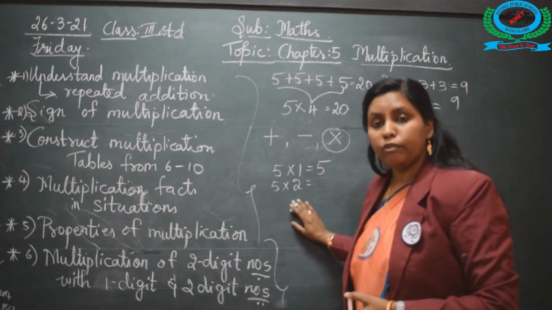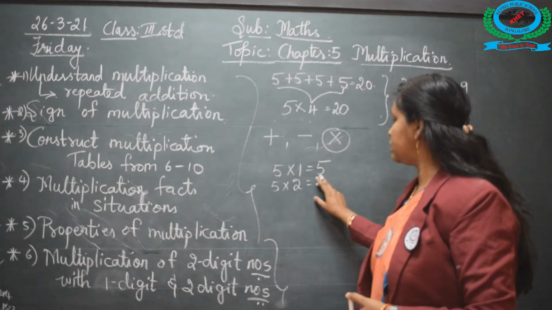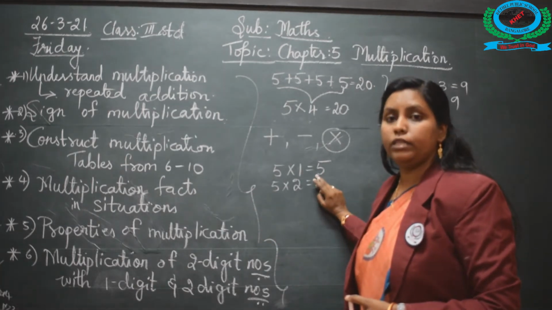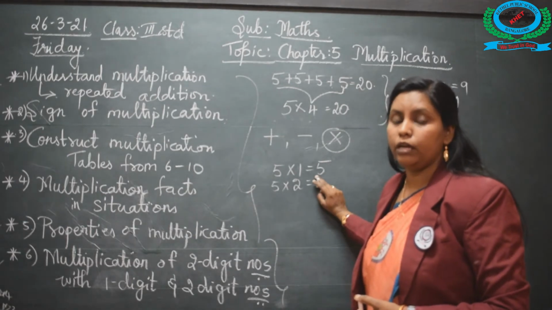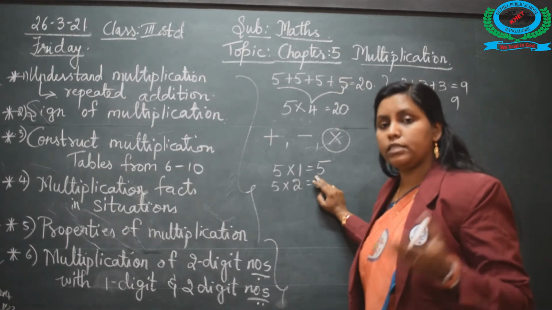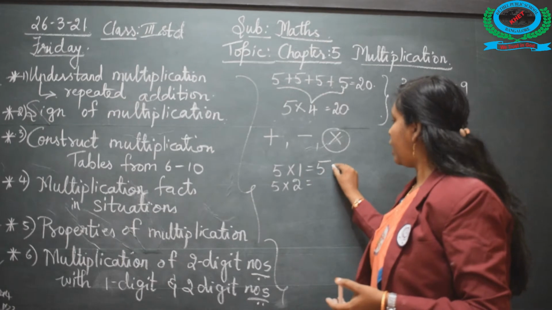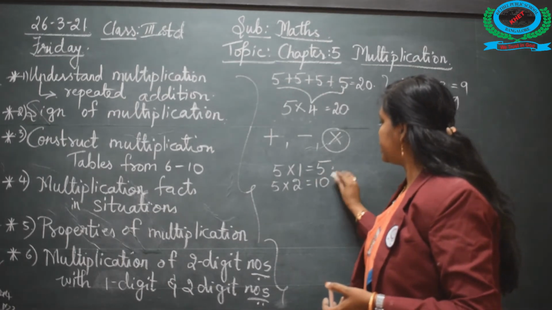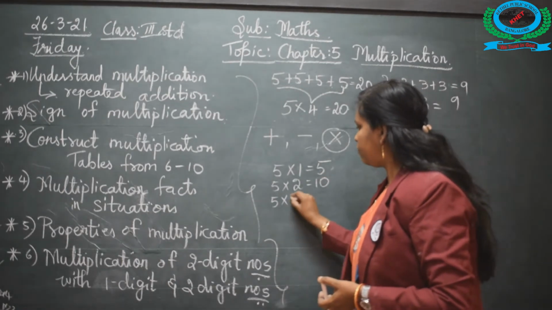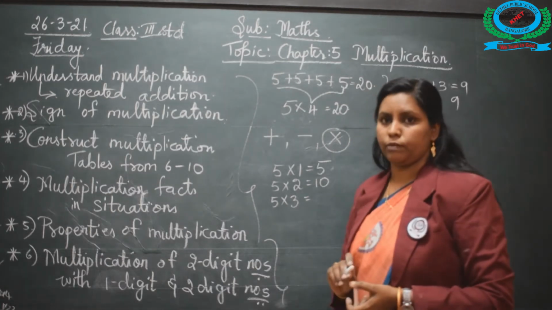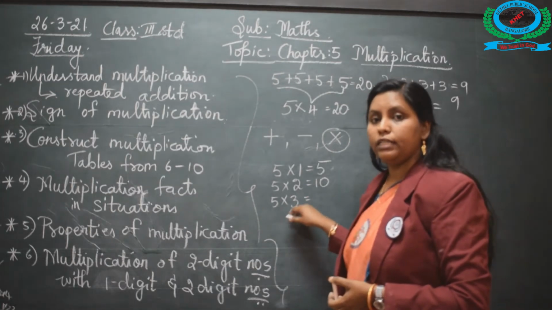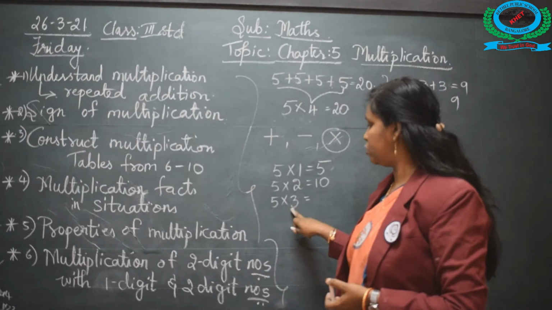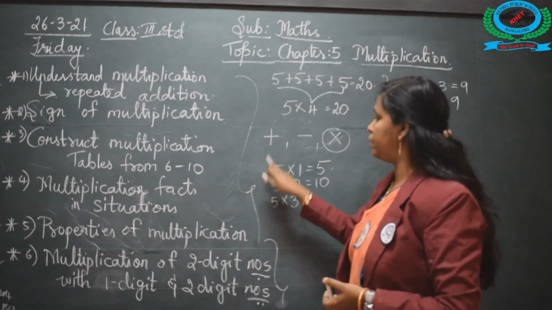You have to just add one 5 to this number. Okay. So we know that multiplication is repeated addition. Just add one 5 to this number, you will get this answer. The next is 5 threes. How much? So you are adding 5 three times. 3 times you have to add 5 plus 5 plus 5.